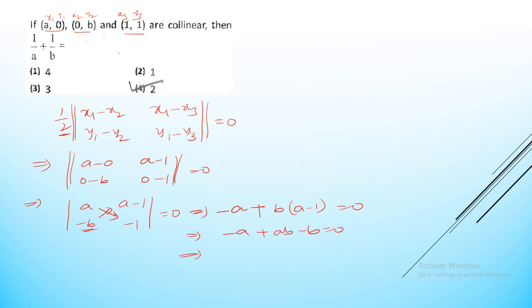Those two negative terms, if I transpose, this becomes ab is equal to a plus b. When I divide both sides by ab, ab by ab is equal to a by ab plus b by ab. So this gives me 1 is equal to 1 by b plus 1 by a. So 1 by b plus 1 by a is equal to 1. So the answer is 1.